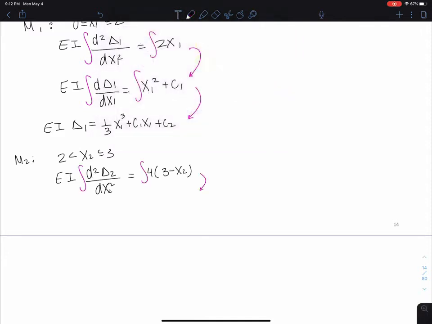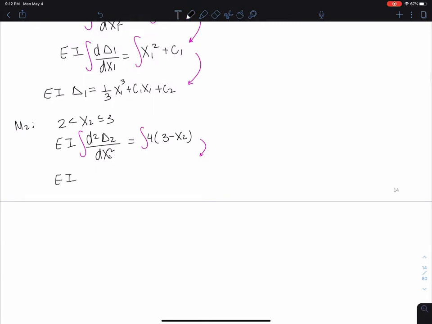and I get, not d squared, EI d delta 2 equals 4 times (3x2 minus x2 squared over 2). And then I have plus another constant of integration.